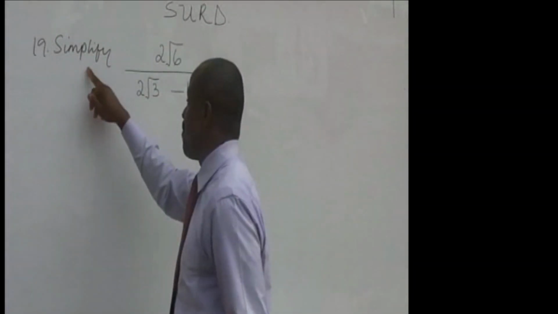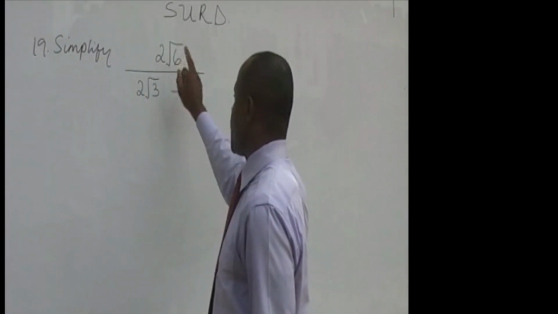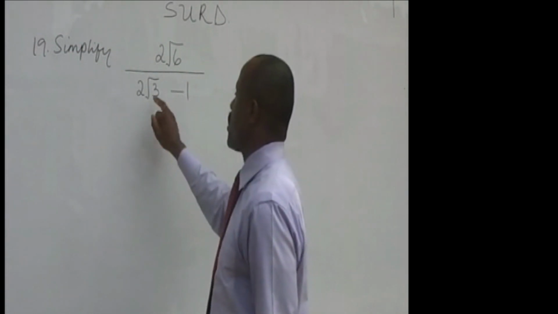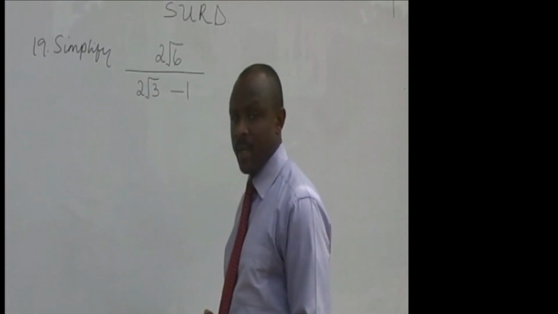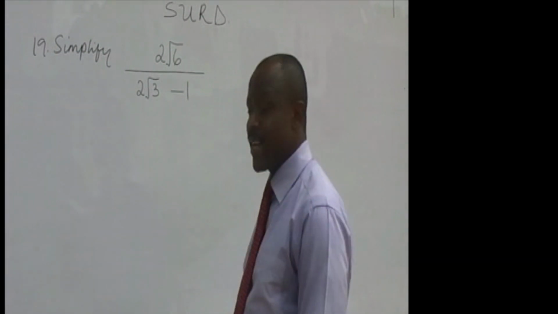It says we should simplify 2 root 6 divided by 2 root 3 minus 1. Pay attention, this is another technical question.